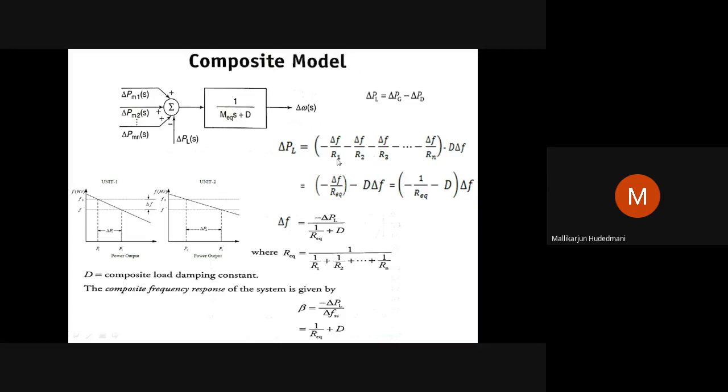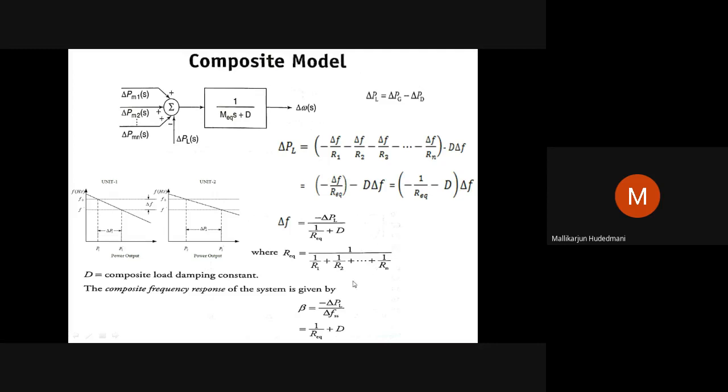Now I will find R1, R2, R3 as droop values. The equivalent droop of the generators swinging hand in hand in a plant, I can write as R equivalent. You can see R equivalent is 1 divided by 1 by R1, the droop of the first machine, plus 1 by R2, up to the last machine.